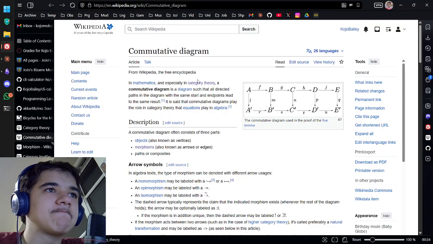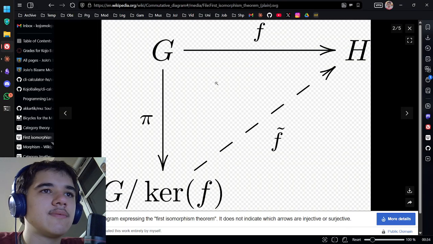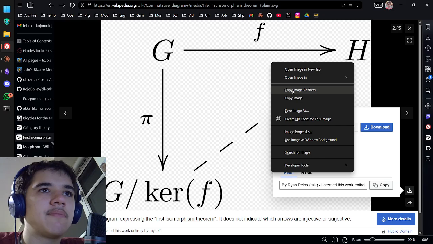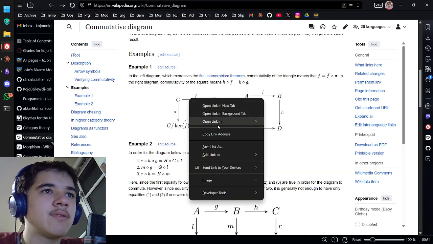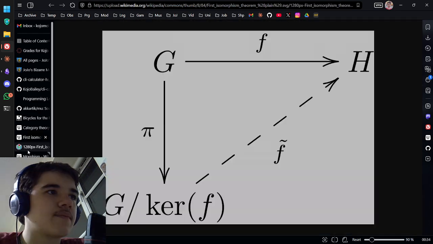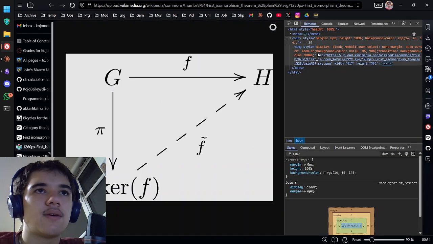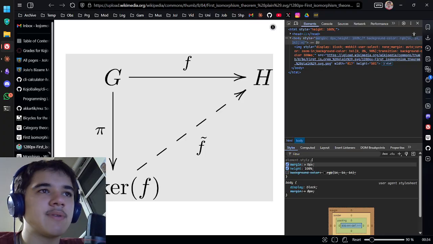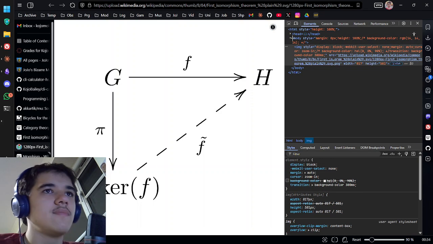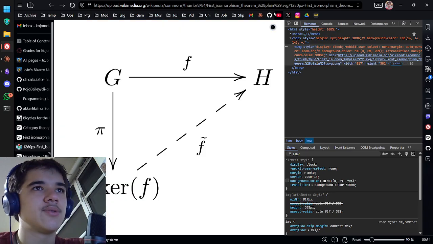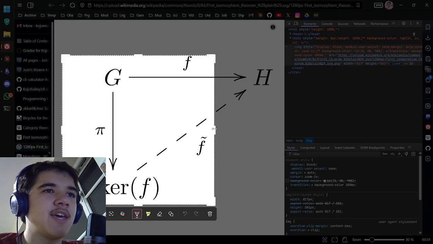Cool. And I will include a picture, preferably with a white background. I could default this, but whatever. Oh, don't do that. But yeah, Windows added this new thing for screenshots.